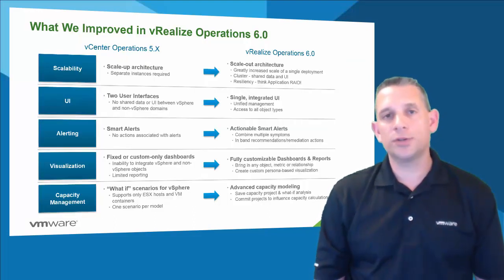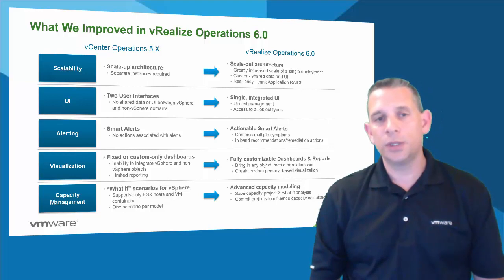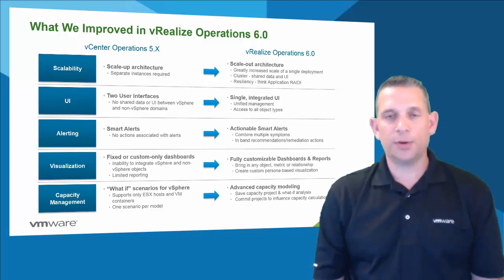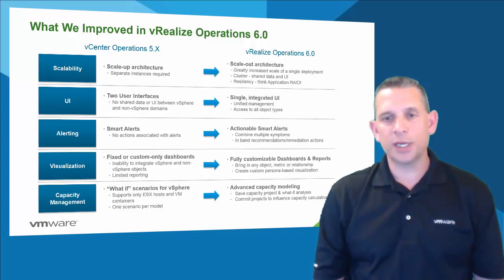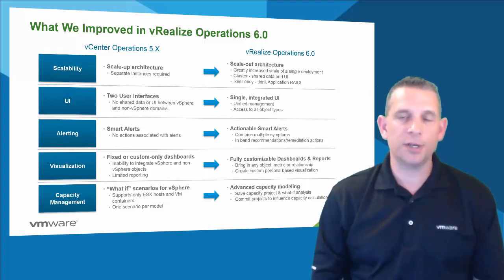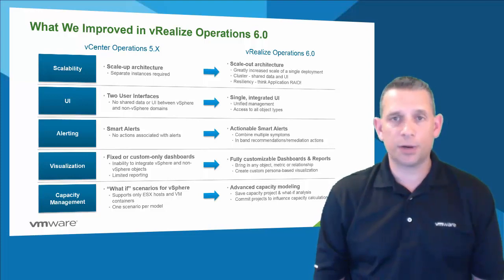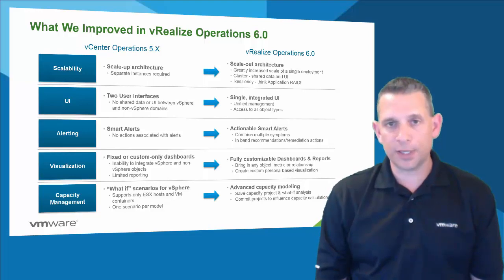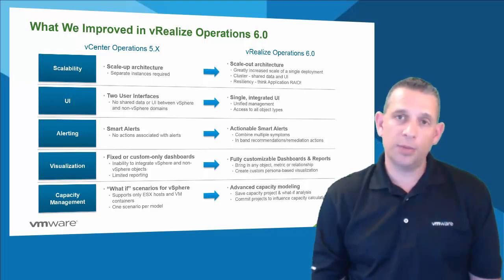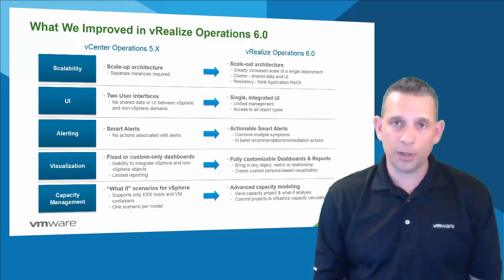Now, when your partners talk to you about the new vRealize Operations 6, they may be familiar with the old vCenter Operations 5.x versions. So this slide here is just a side-by-side comparison. Even though we've gone over this, I just wanted to touch upon it real quick. From a scalability aspect, we went from 2 VMs down to a single VM that can be put into a cluster, providing high availability.